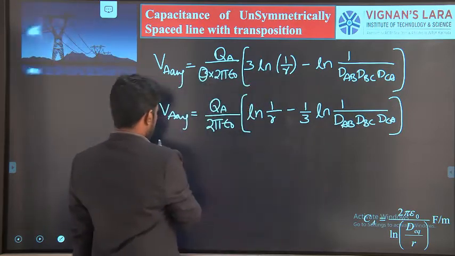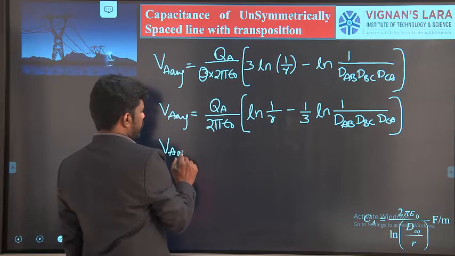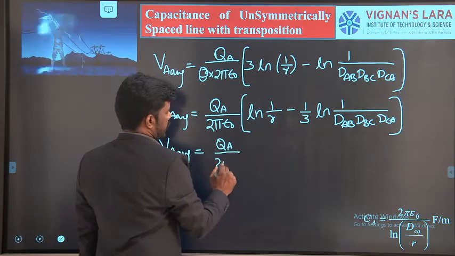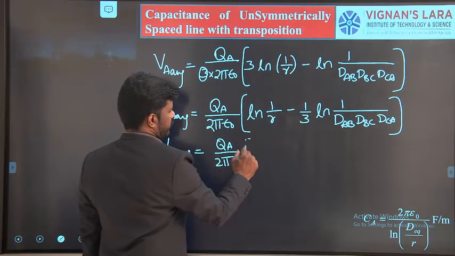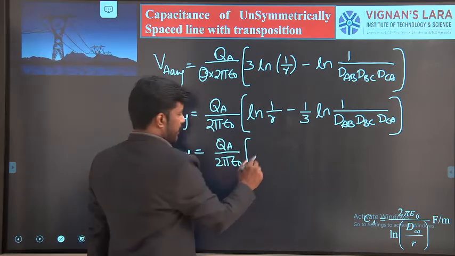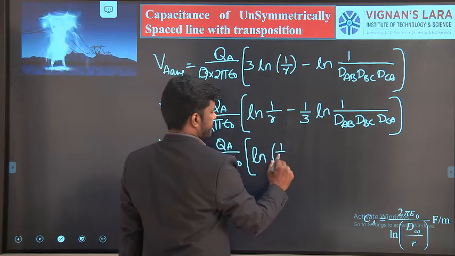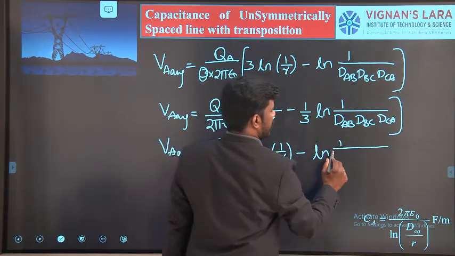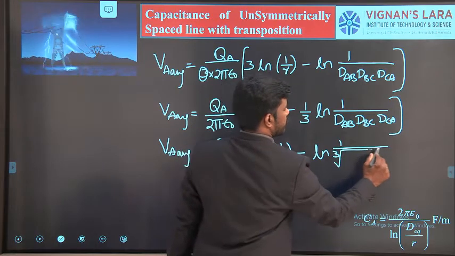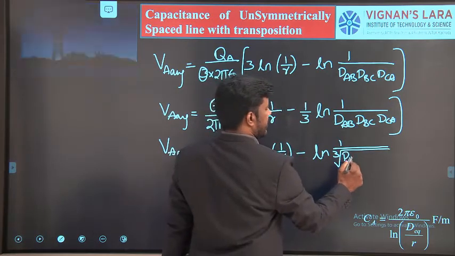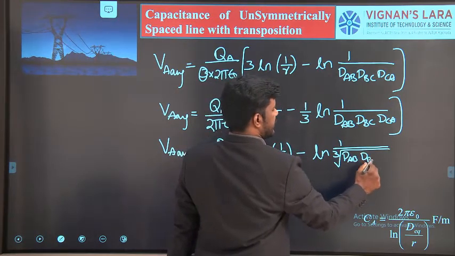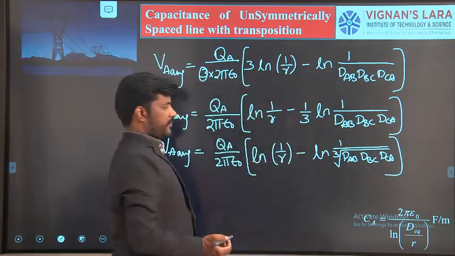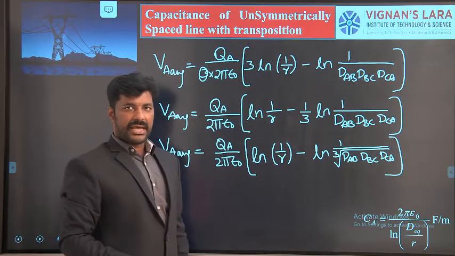Then the same average value of the potential of conductor A is nothing but QA by 2 pi epsilon naught of ln of 1 by r minus ln of 1 by the cube root of DAB, DBC and DCA. Anyhow, this cube root of DAB, DBC, DCA is called D equivalent.